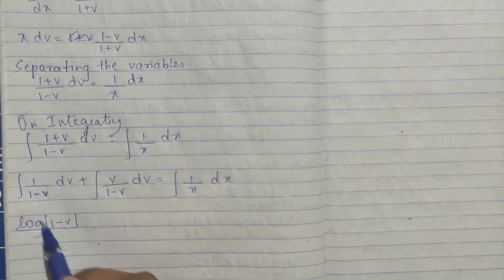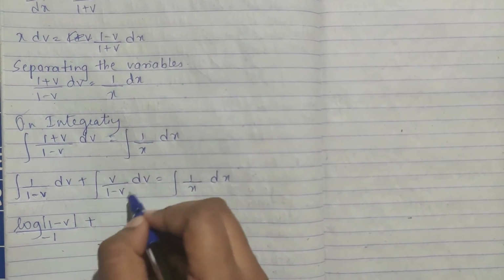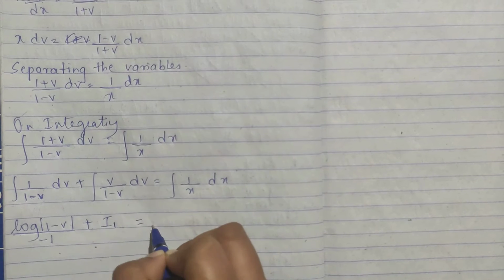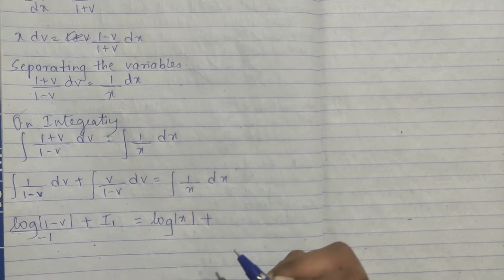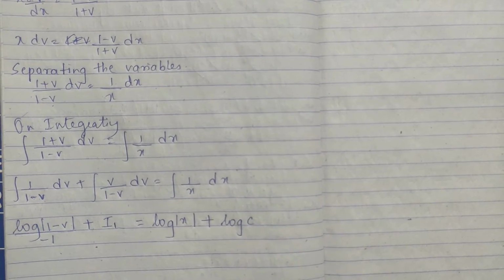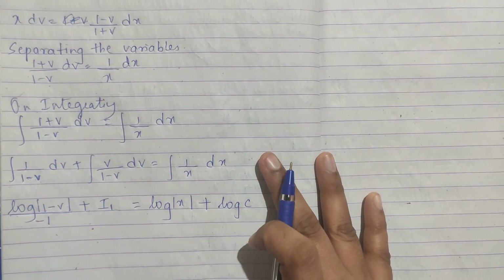In integration, that goes to the denominator side. Here you see this is a little bit different part to integrate, so for the time being we take this as I1. And this will be log of x. Then you can add plus: whenever a log part is there, take the constant also as log c only. For the time being take log c; later you can substitute it as capital C.